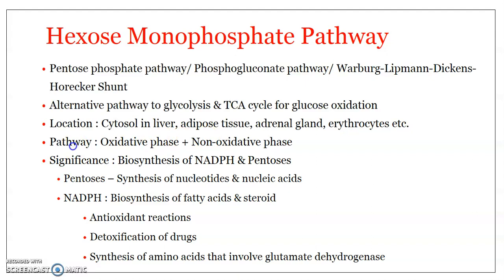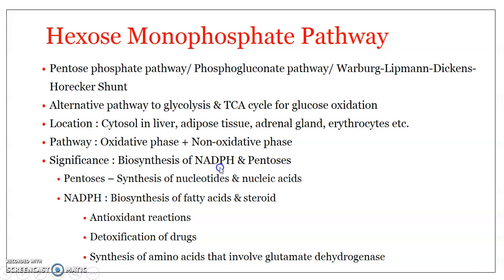The next unique feature is that no ATP is produced. Even though it is considered an alternative pathway to glycolysis, the HMP pathway doesn't produce any ATP. But the unique thing is that it produces NADPH instead. NADPH is mainly produced through the hexose monophosphate pathway.